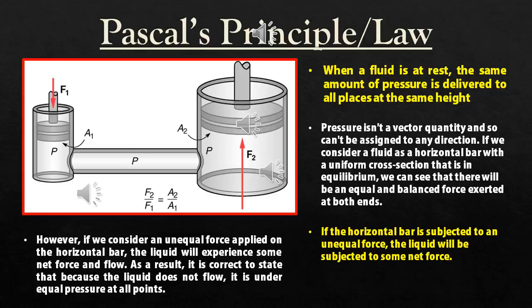If we consider a fluid as a horizontal bar with a uniform cross-section that is in equilibrium, we can see that there will be an equal and balanced force exerted at both ends.